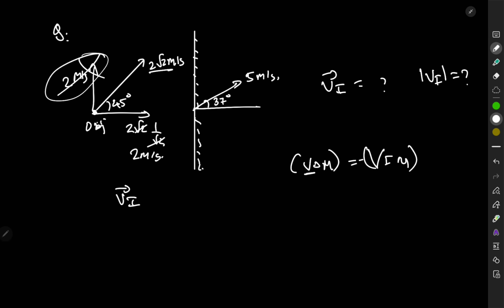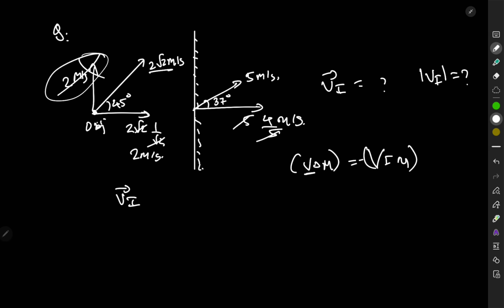The only thing it is required is in this direction. So can I tell this is gonna be 5 cos 37? What is cos 37? It's 4 by 5, right? So 5 will get cancelled and it will be 4 meter per second.